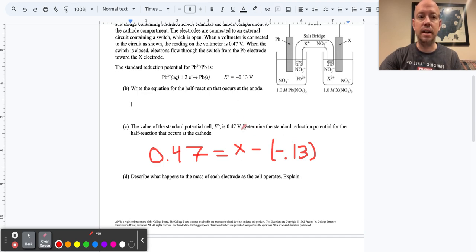So I wrote it here as the reduction at the cathode minus the reduction at the anode. You could also do X plus positive 0.13. Either one gets you that point right there. But the key idea is knowing what's cathode and anode and solving for that. The right answer in this case is 0.34.